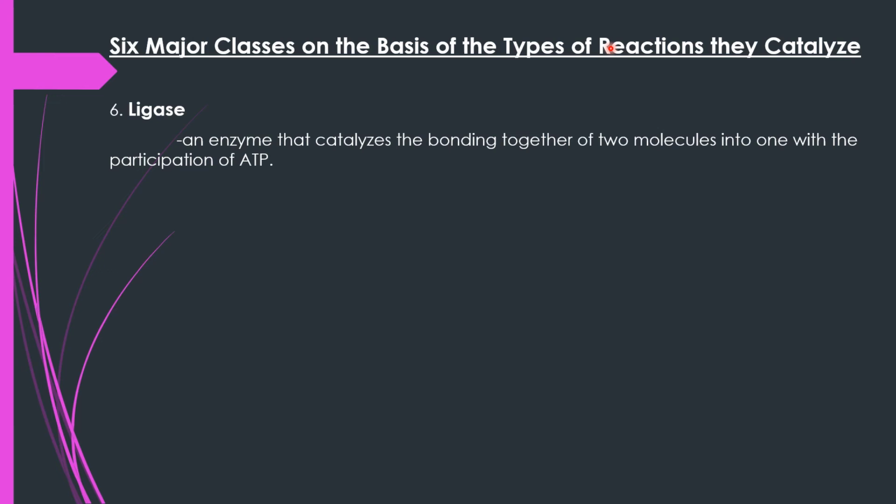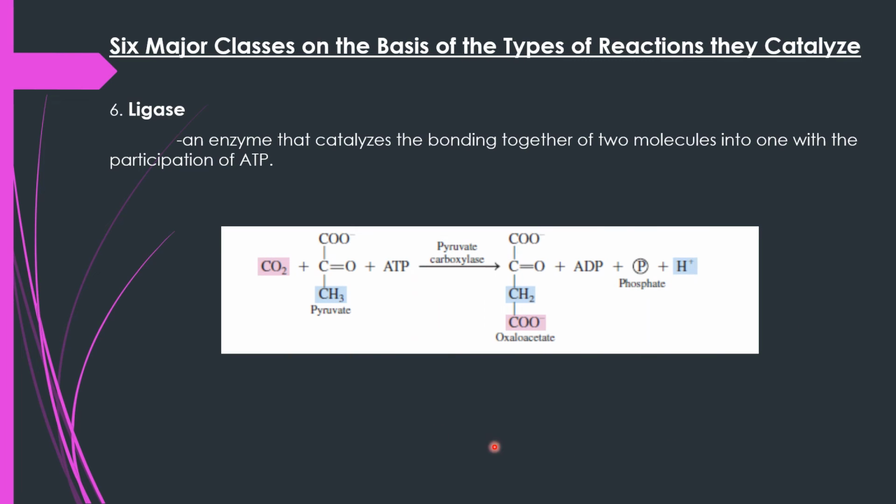Because such reactions are generally energetically unfavorable and they require the simultaneous input of energy obtained by a hydrolysis reaction in which ATP is converted into adenosine diphosphate. So this is a good example of a ligase.